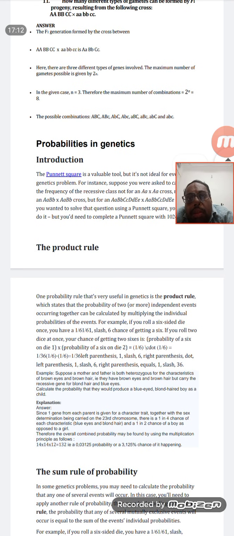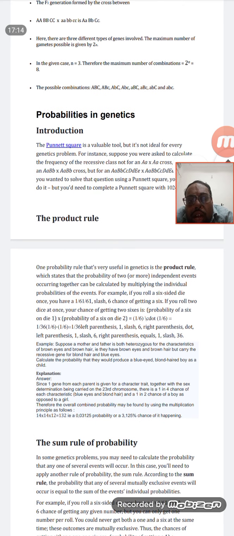Next comes probabilities in genetics. With probabilities, 1 or 2 questions can be asked. Whenever we do a Punnett square, it can be done only where a small amount of data is available, that means 1 or 2 crossings, not big crossings.